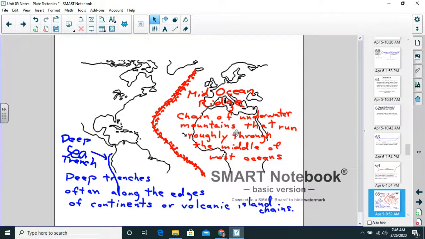This chain of underwater mountains, and the mid-ocean ridges run through many oceans in the world. Okay, there's also parts, and we call them deep sea trenches. So there's deep sea trenches often along the edges of continents, or sometimes along the edges of volcanic island chains. So here I have drawn in along the coast of South America, there's a place where the ocean gets really super deep.